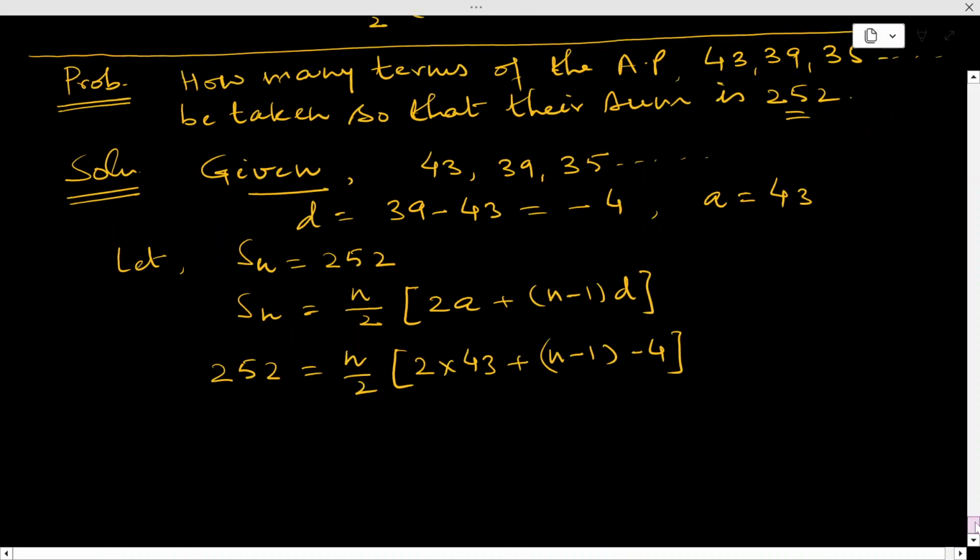So from here you will get, if you multiply this 2 here, n times. I am writing the right hand side here first, so this is 86 minus 4n, because you are multiplying this n minus 1 by minus 4.